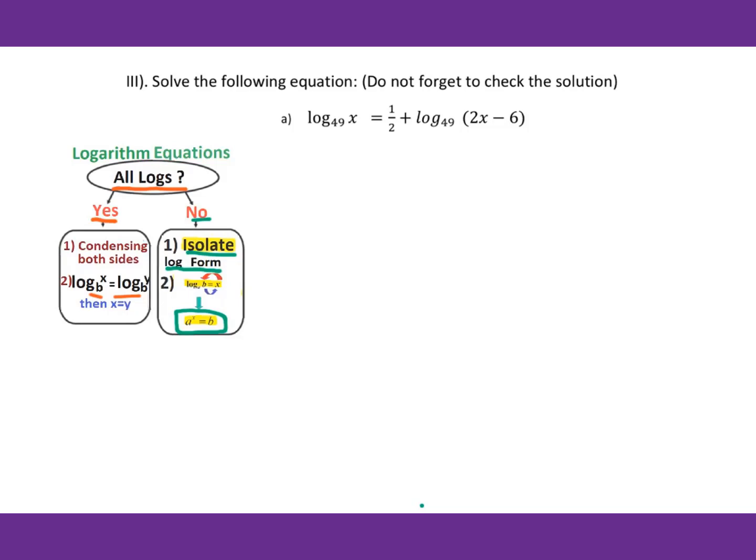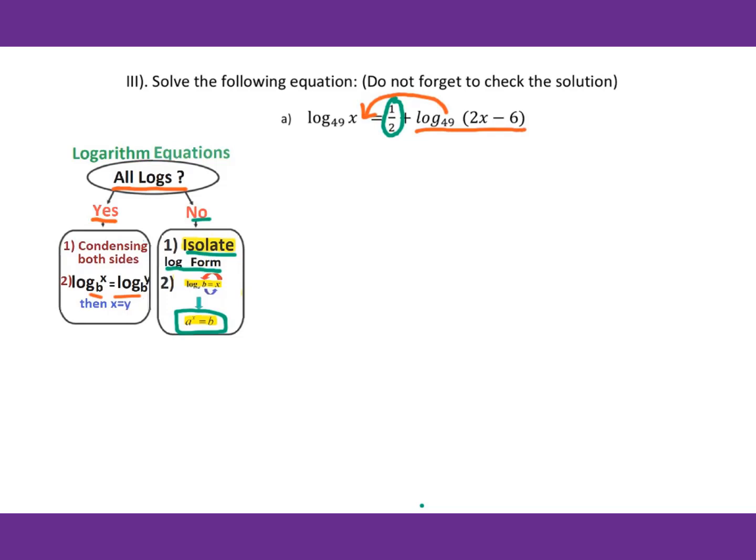So for a, it's not all log. We have 1 over 2. Therefore, you need to isolate the log on one side. Move this log to the left side.